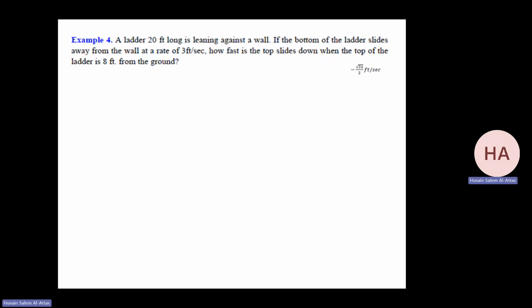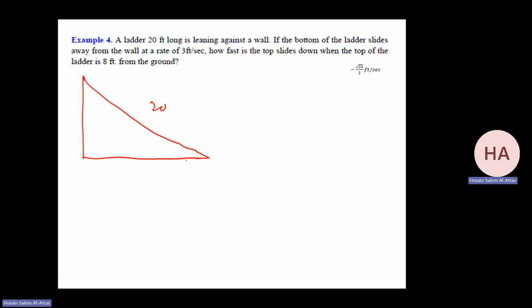A ladder 20 feet long, leaning against the wall. The bottom slides away, find how fast the top slides when the top is 8 feet from the ground. The same problem, okay? You have a wall. The ladder is 20 feet.